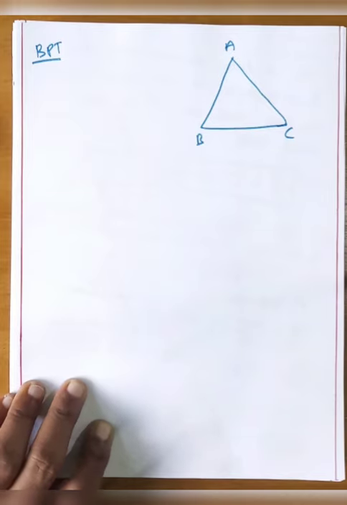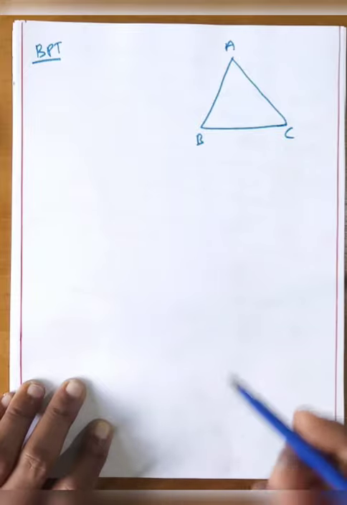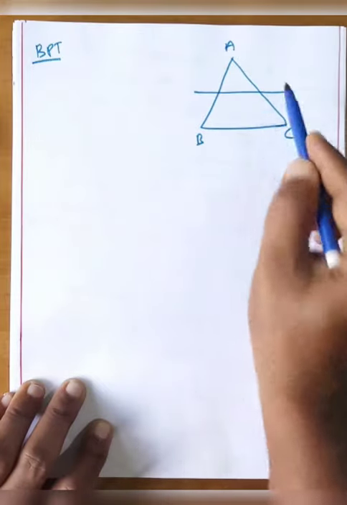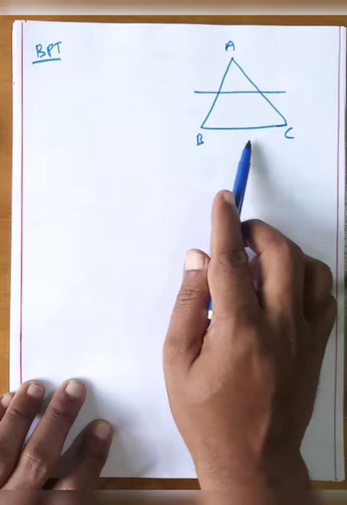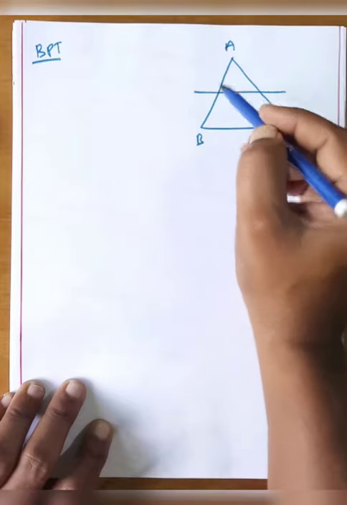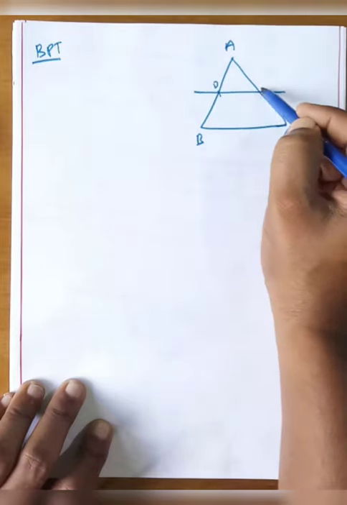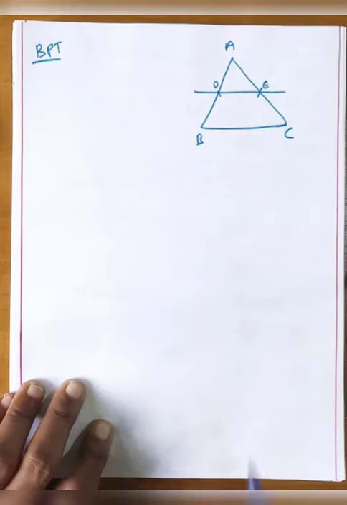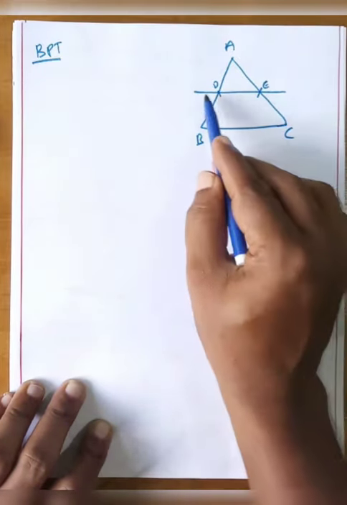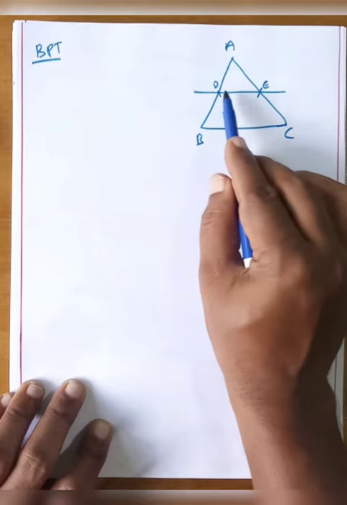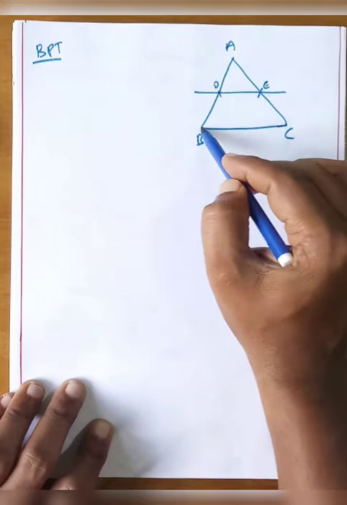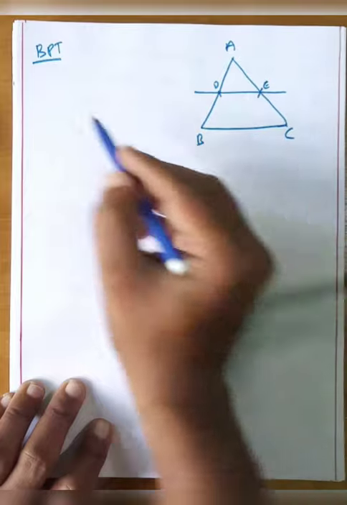If a line is drawn parallel to the side BC and intersects the other two sides at two distinct points, the line must divide the two sides in the same ratio. One side is divided into AD and DB, the other into AE and EC, so the ratio is the same.